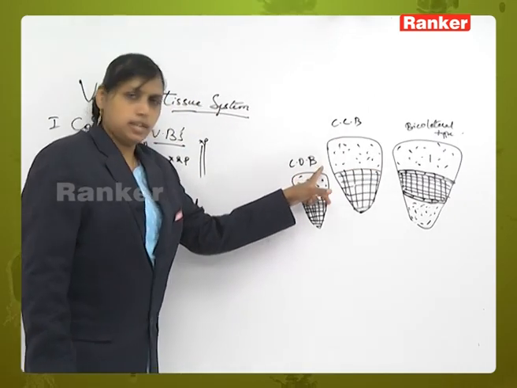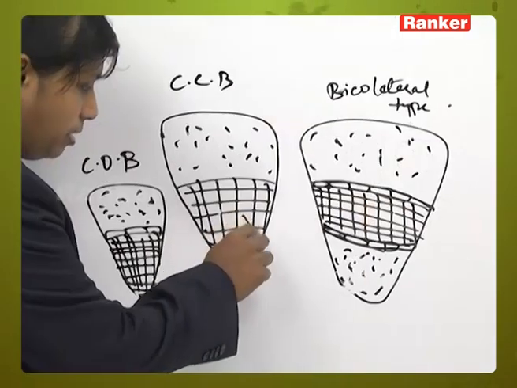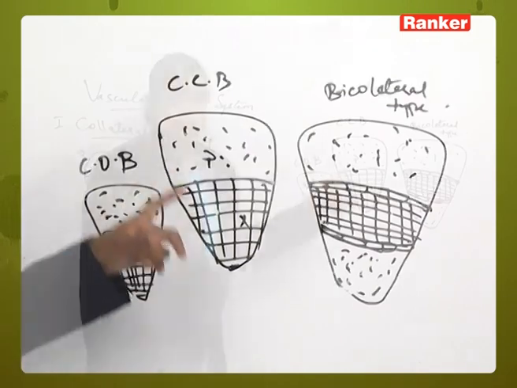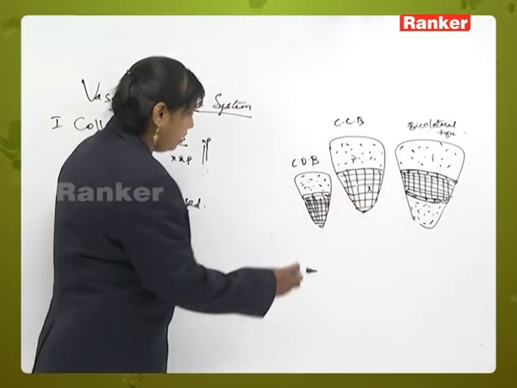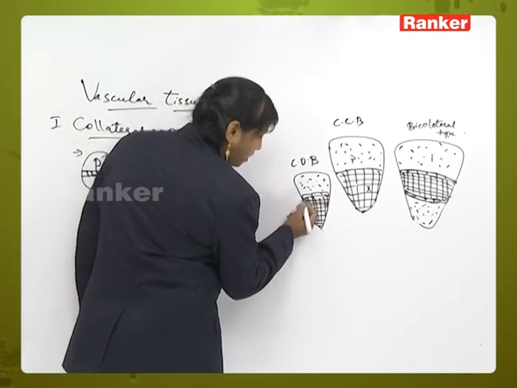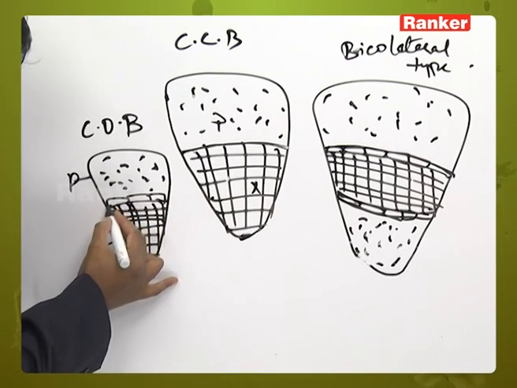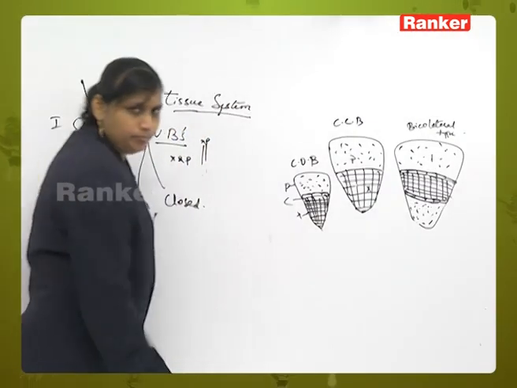Why do we say closed? This is xylem, this is phloem, and there is no demarcation of cambium there. And here we call it open because this is xylem, this is phloem, and you can see a brick-like layer, which is considered as cambium.